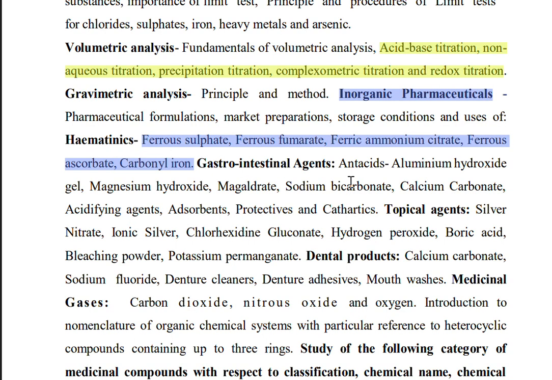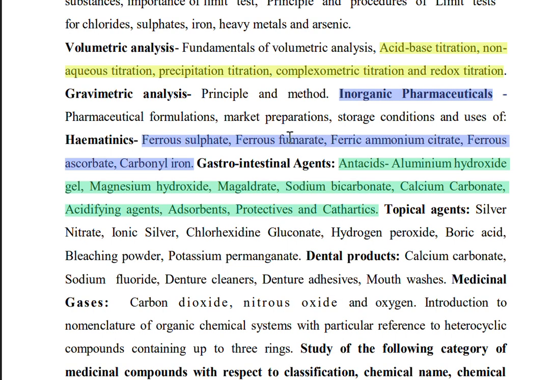And gastrointestinal agents such as antacids: aluminum hydroxide gel, and magnesium hydroxide also used as an antacid, and magaldrate, sodium bicarbonate. In this section, we have to read the chemical structure, name, chemical formula, and then marketed products, branded names, and other names.